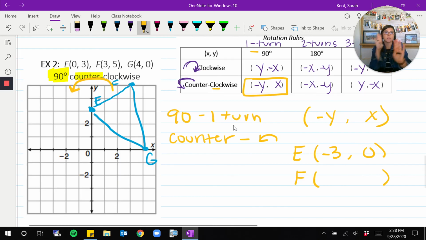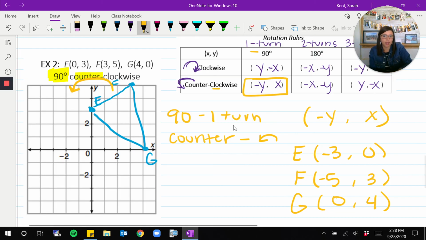So I want to flip and have 5, 3. And then my 5 will be opposite. And same for G. Starts at 4, 0. I'm going to switch. So now I have 0, 4. And 0, 0 is just 0. That can't be negative. So I'll leave 0 as it is.